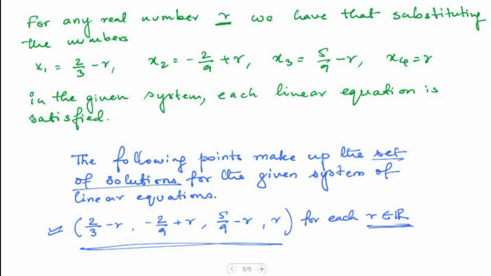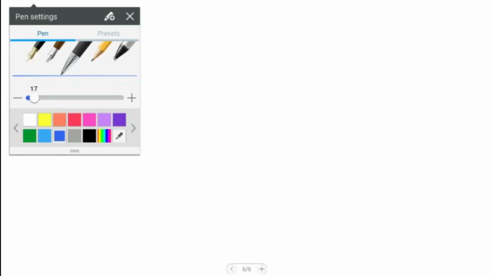So let's choose different values of r because we have to give 3 solutions for this system. That's part 2, or part B. We need to find 3 different points that are solutions of the system.